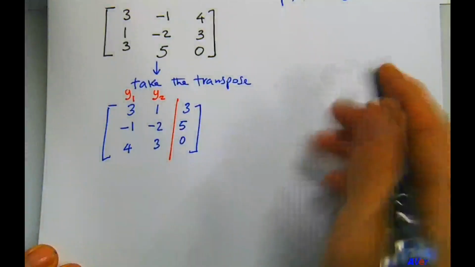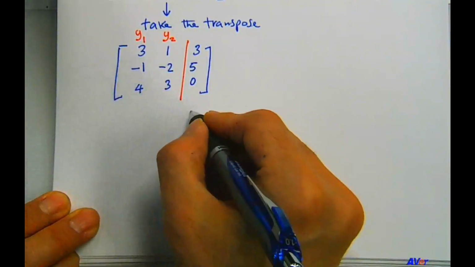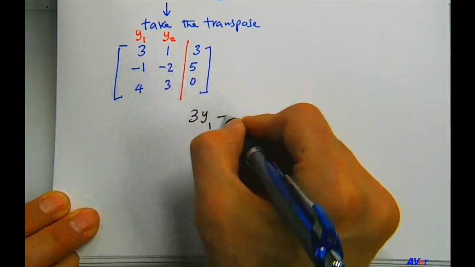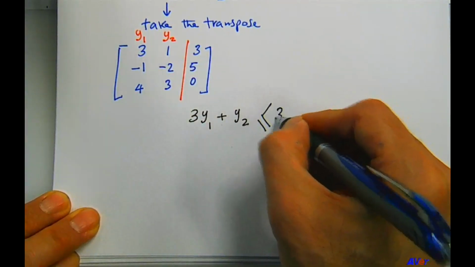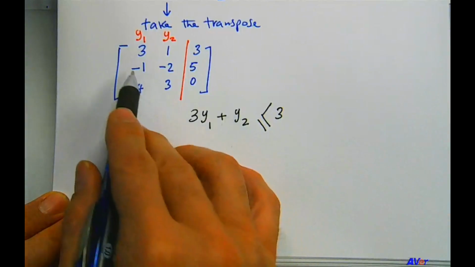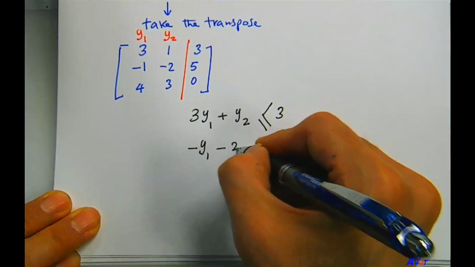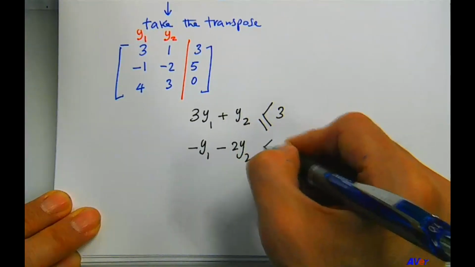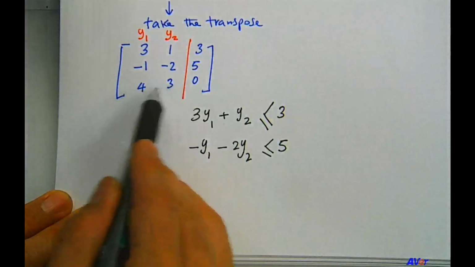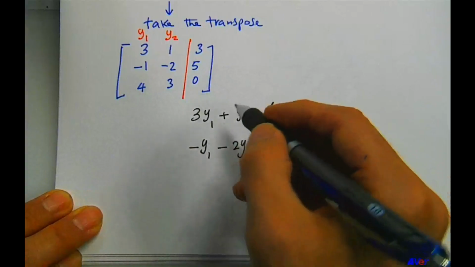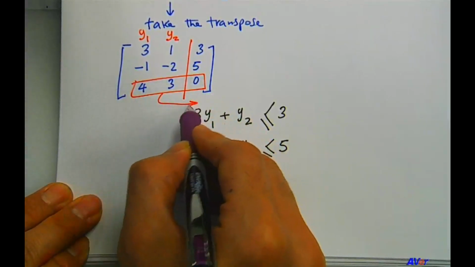Okay, so we can do that by writing that 3y1 plus y2 less than or equal to 3. Right? Now this one, minus y1 minus 2y2 less than or equal to 5. And the bottom row, these numbers belong to the objective function. So let me write them here.